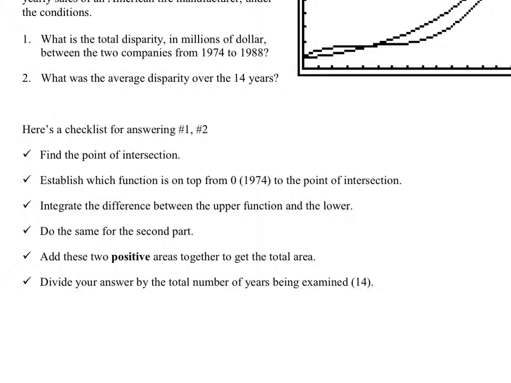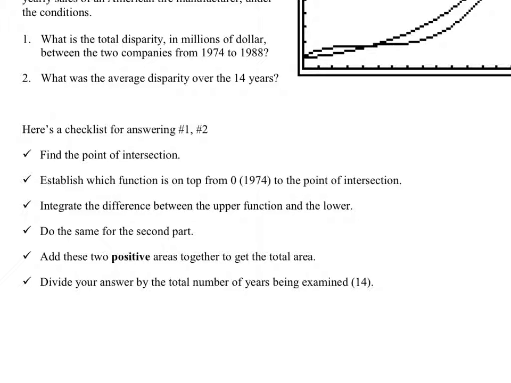And it does matter which graph is physically on top, right? Because that's the one that leads off in the integral subtraction, right? So we always subtract from the dominant function the non-dominant function. So whatever's physically on top, or to the right if you're looking at it from the perspective of y, right? So that point of intersection is hugely important, right? Also, like I said, establishing which one's on top. Then we integrate the difference between the two, and then add those positive areas together to get the total area.